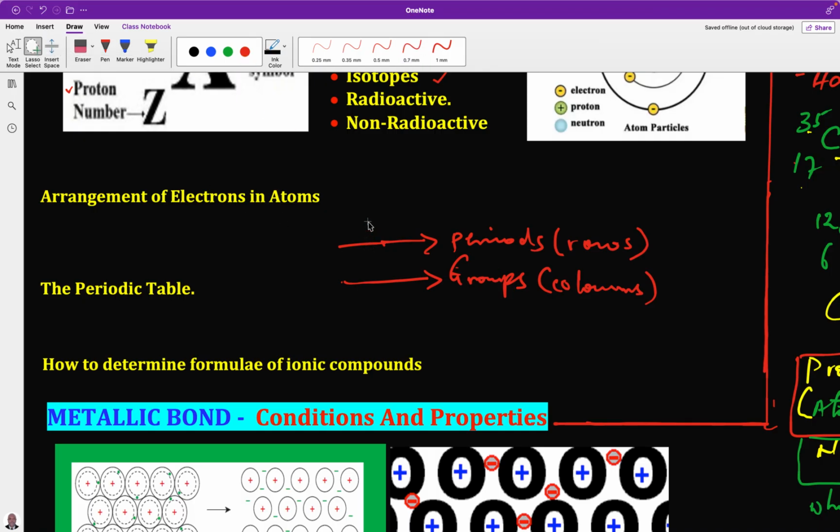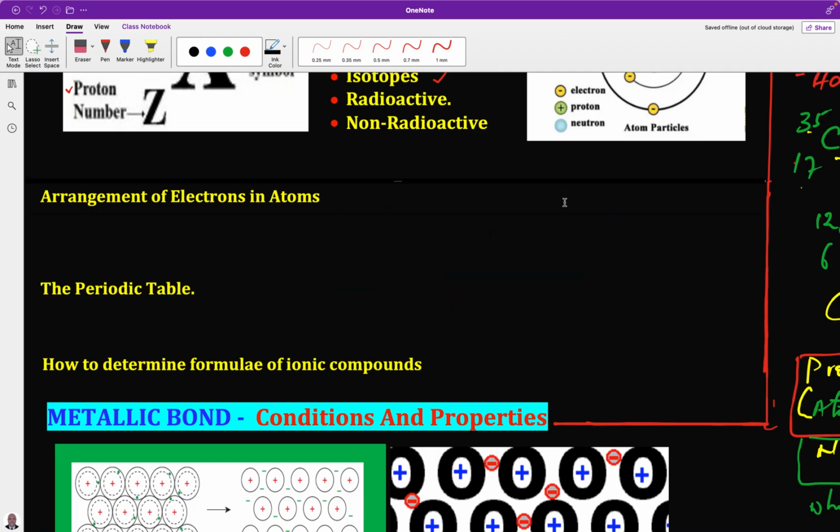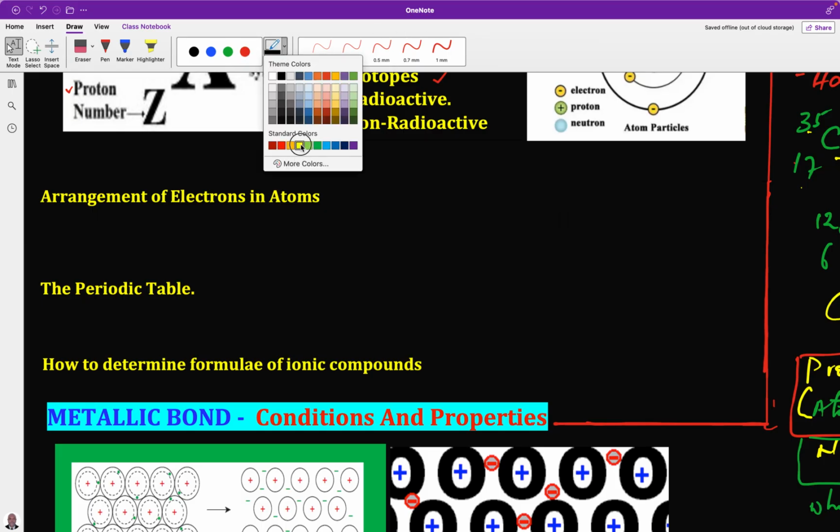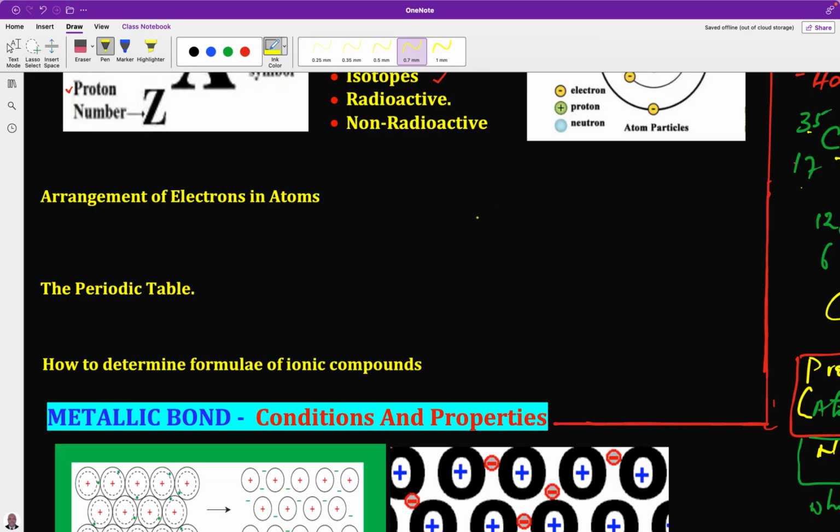For instance, group 1 elements will have how many electrons in the outermost shell? They will have 1 electron in the outermost shell.